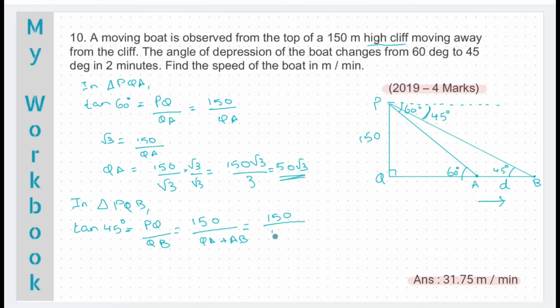QA we found as 50 root 3, and AB is the distance traveled by the boat, which is D. Tan 45 is 1, so 1 is equal to 150 divided by 50 root 3 plus D, which implies 50 root 3 plus D is equal to 150. So D can be written as 150 minus 50 root 3.